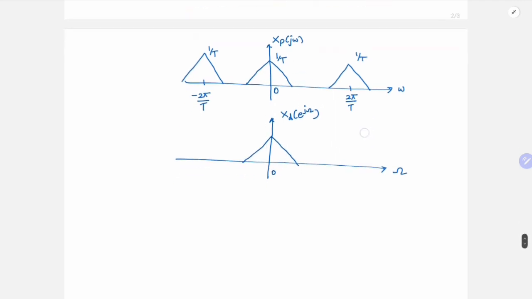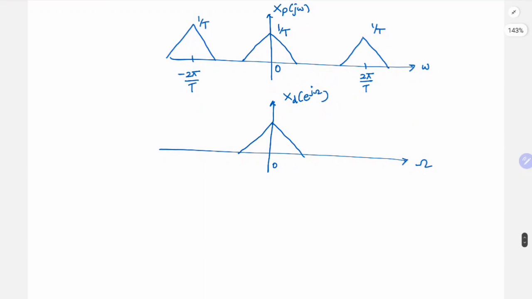It's just a kind of frequency scaling, so this will be 2 pi, and the amplitude scaling will still remain at 1 by T. Okay, so this is how it will look.